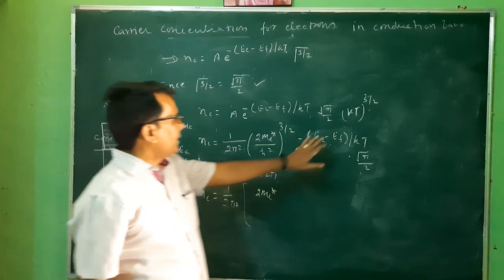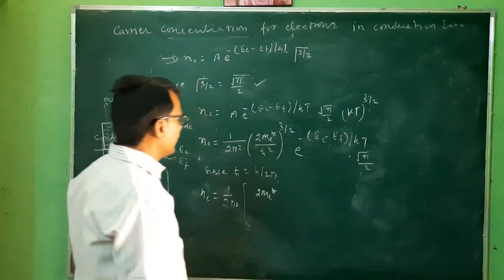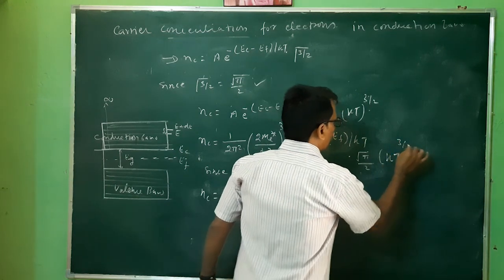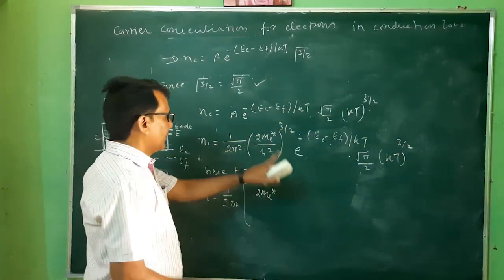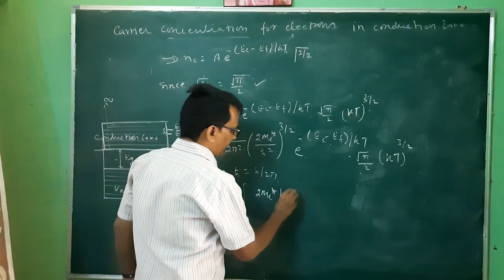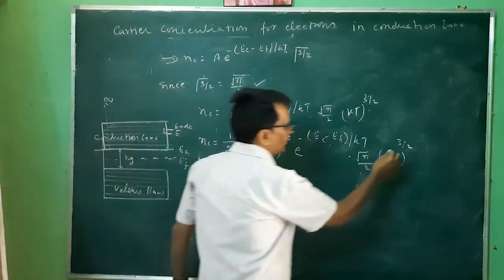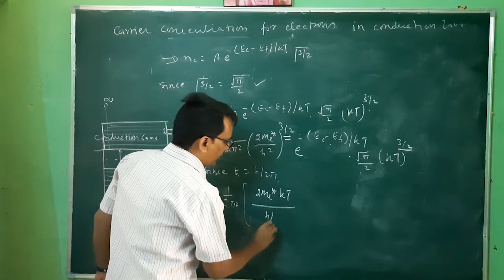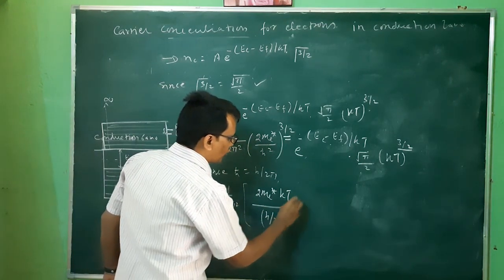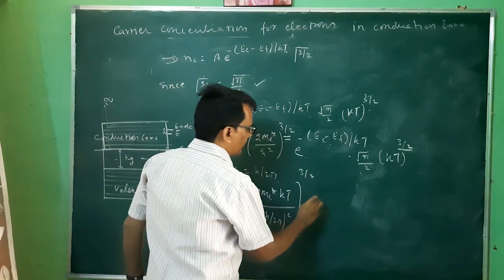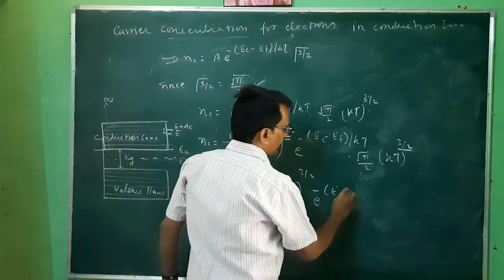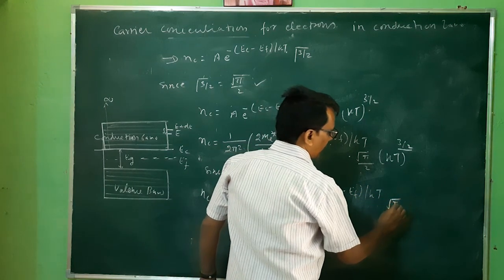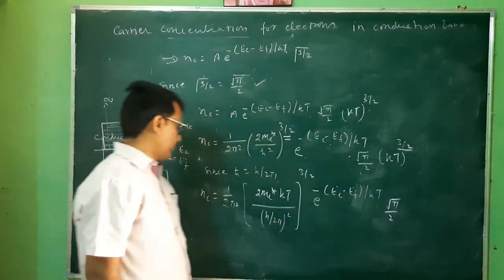So this kT can be taken inside this bracket, because this power is also 3 by 2. And h cross can be written as h upon 2 pi, squared, to the power 3 by 2, exponential of minus (Ec minus Ef) by kT, and multiplied by this root pi by 2.